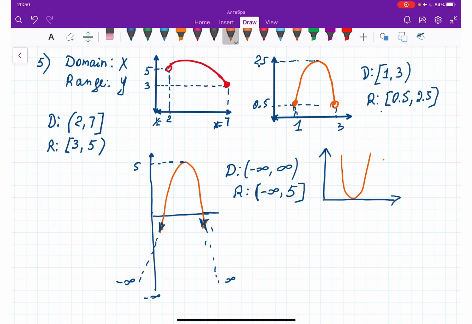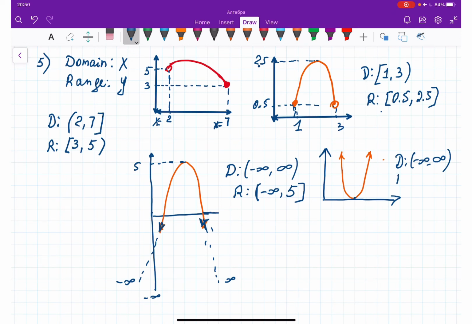So what do we have here? The graph is running to infinity, right? So the domain is running from negative infinity to positive infinity, right? Because it can't start at positive infinity and run to negative. It starts with negative infinity and then slowly touches 0 and then runs up, touching 0, and then runs to positive infinity.